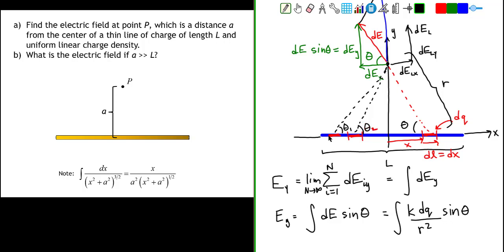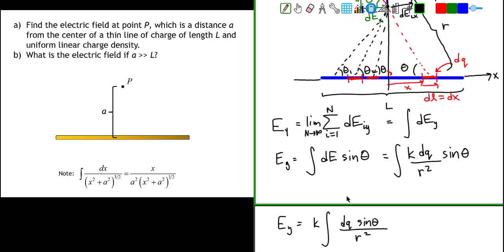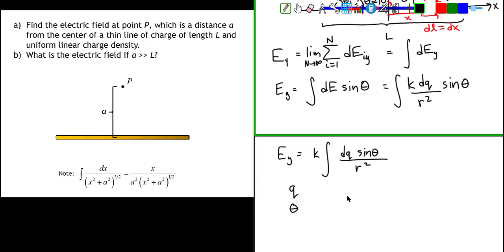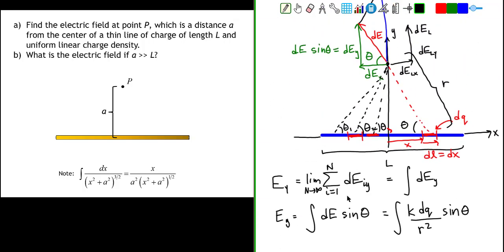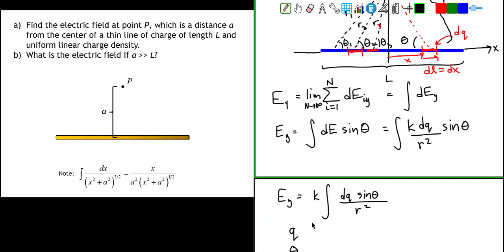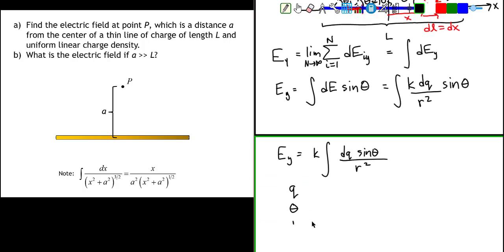And that charge element there is going to have a different angle than a charge element here. So the angle theta is varying. And if you look at our diagram, all of those different distances vary as well. So r is a variable.